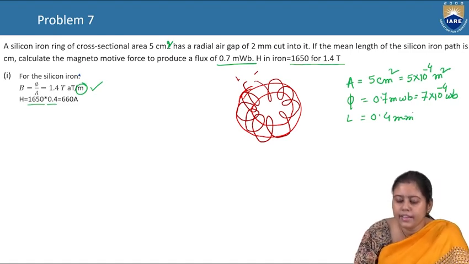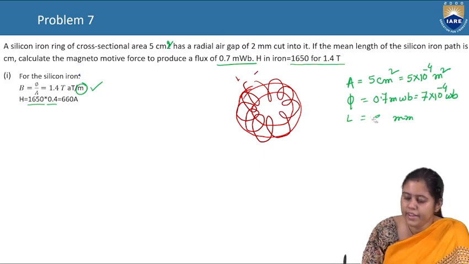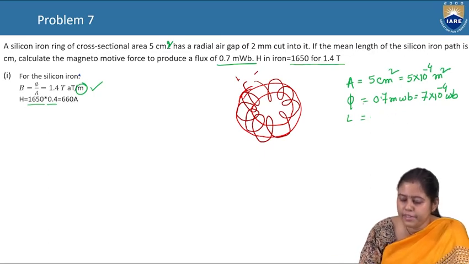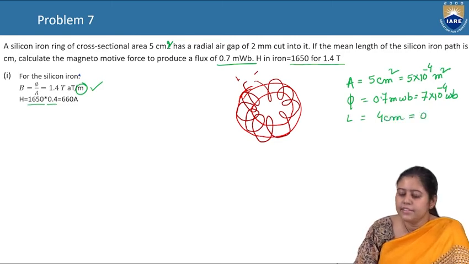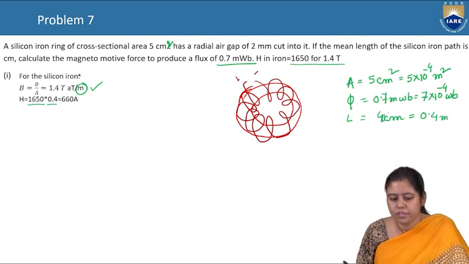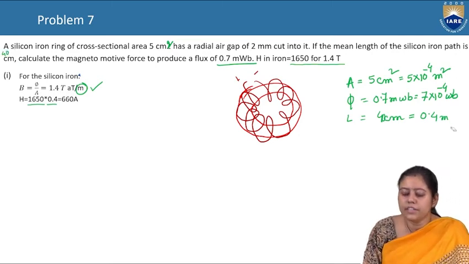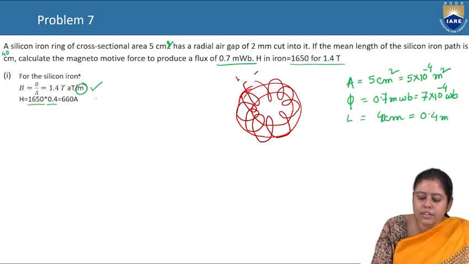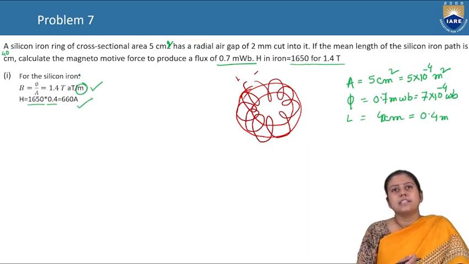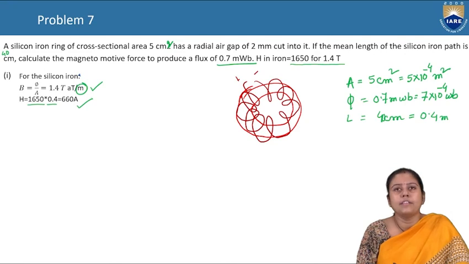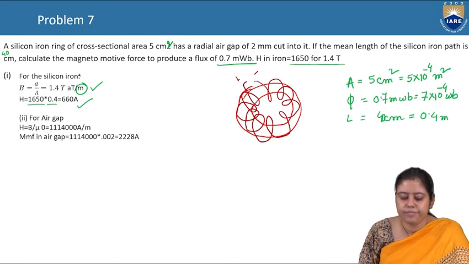The length is not 4 centimeter, it is actually 40 centimeter, so it is 0.4 meter. We got the value 660 ampere. 660 ampere is the total MMF for the iron.